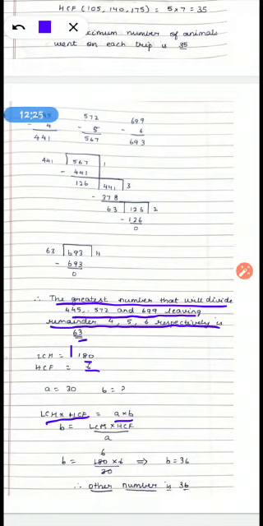By taking the other number as B, we can get that by transposing A to the other side, B is equal to LCM into HCF divided by A. By substituting the given values, we get B is equal to 180 into 6 divided by 30, which implies B is equal to 36. Therefore, the other number is 36.